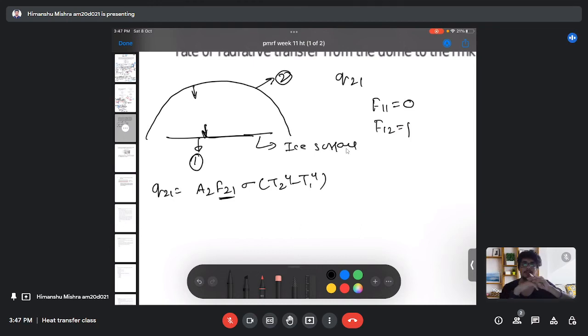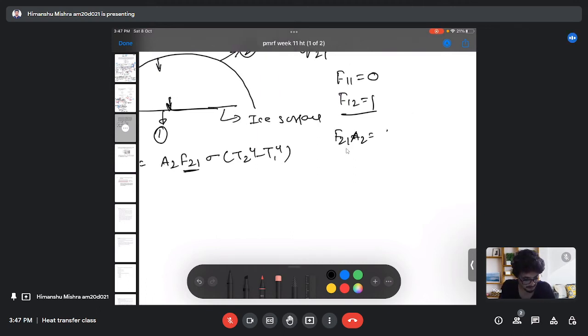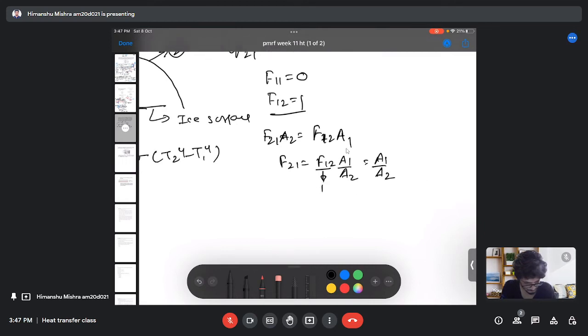That means there will be 100% radiation heat exchange from surface 1 to surface 2. And if we know F12, we can find F21 by using the reciprocity rule. We have used this rule several times till now. So F12 is 1 here.